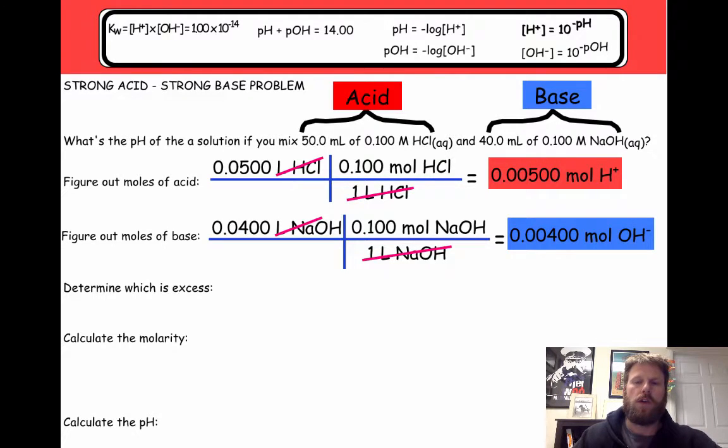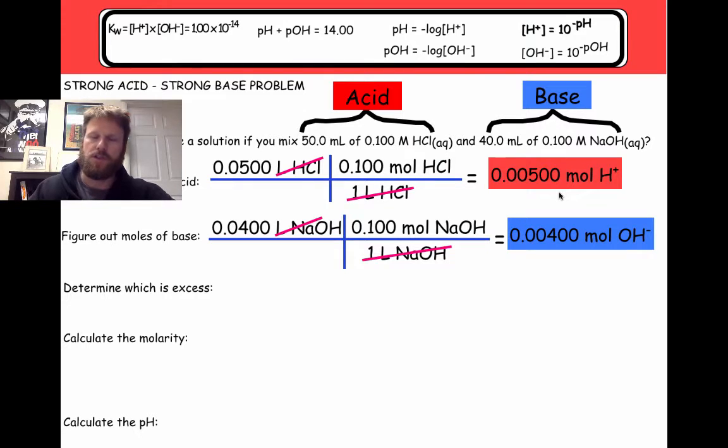So I know that 1 mole of OH minus will react with 1 mole of H plus to make water. So I can see here that I have less OH minus than I do H plus. My H plus is going to be in excess. And to find out how much excess H plus there is, I simply have to subtract these two values.